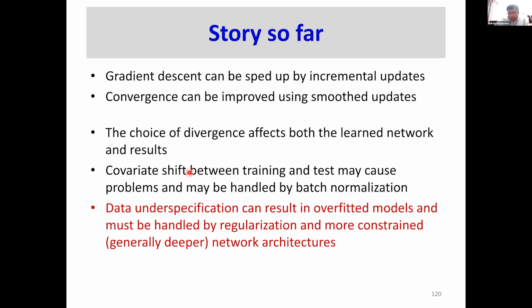If it doesn't introduce covariate shift, you're gaining nothing from batch norm, besides maybe shrinking the derivatives a little bit and causing issues. And finally, data under specification can result in overfitted models and must be handled by regularization or more constrained, generally deeper network architectures.